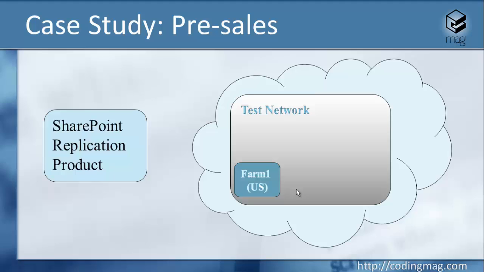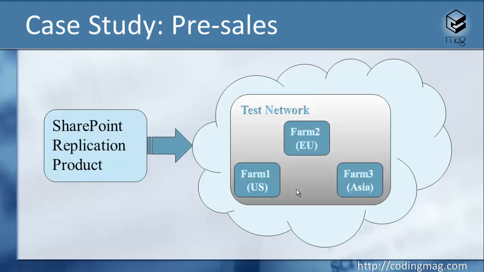One of them can be in the United States, the second farm in Europe, and the third farm in Asia. You may not produce an environment of low bandwidth in this network. I'm not sure about that, but for sure you can produce a high latency environment, so it will serve the purpose of testing the SharePoint replication product.